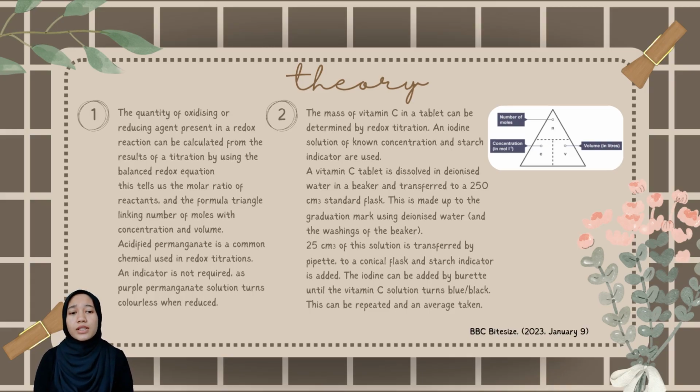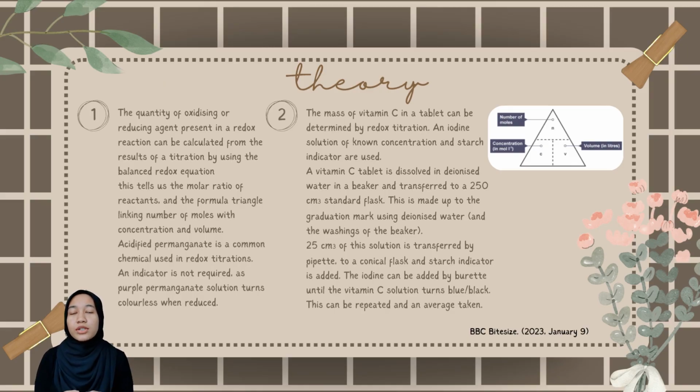The mass of vitamin C in a tablet can be determined by redox titration. An iodine solution of known concentration and starch indicator are used. A vitamin C tablet is dissolved in deionized water in a beaker and transferred to a 250 cubic centimeter standard flask.